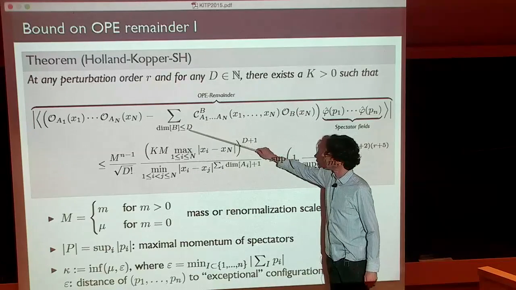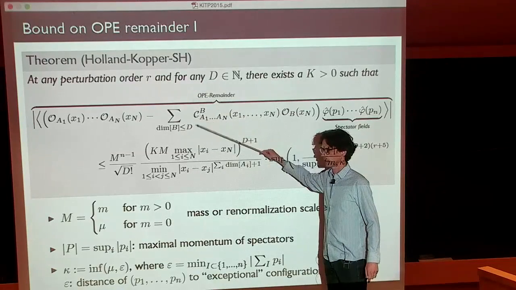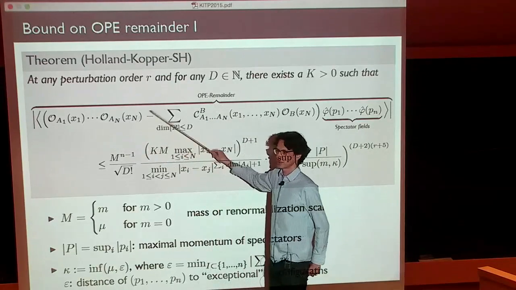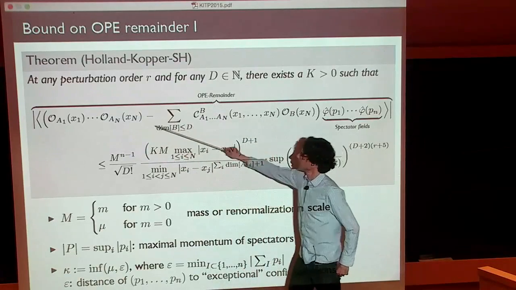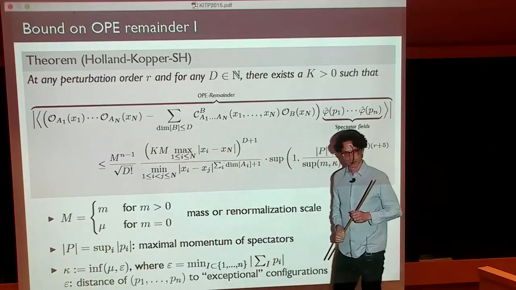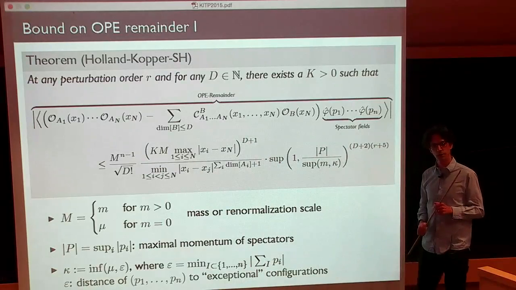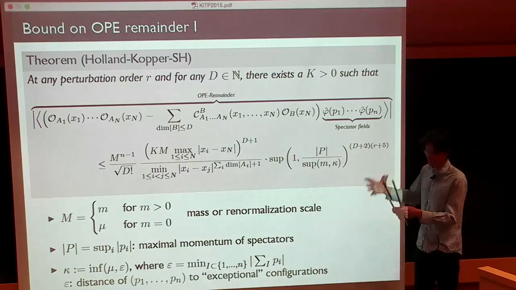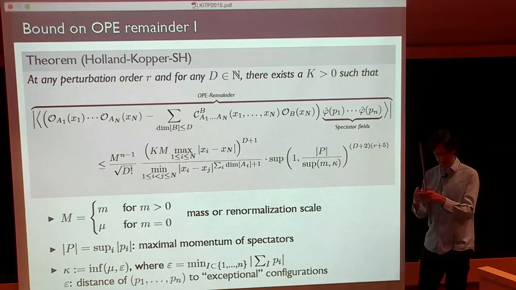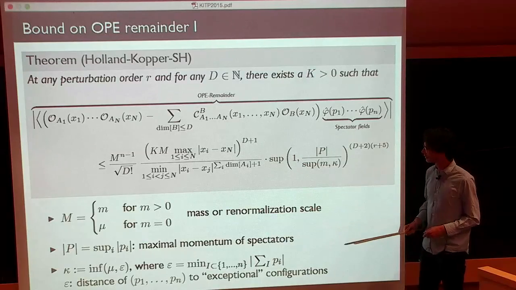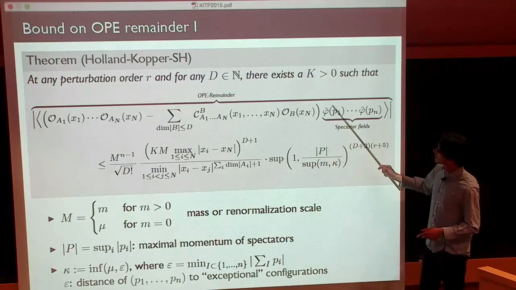So d is the order up to which you expand the operator product expansion, and the a's are just the sum of the dimensions of these. The d would be much bigger if you want a good approximation than the a, but the super P can overcome. So there's a competition of effects here, really. The exceptional momenta can also be bad. Everything scales the same way.